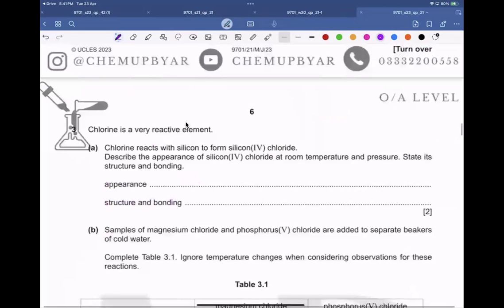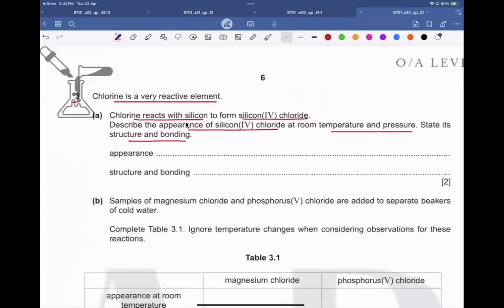Okay, yeah. So what will be the formula of silicon 4 chloride? Yes, very good, Hassan. It's a liquid because if you recall the formula, it is going to be SiCl4 and chlorine forms only one bond. So it's a simple molecule. Whenever it's a simple molecule, usually simple molecules are either gases or liquids. So it's a liquid.